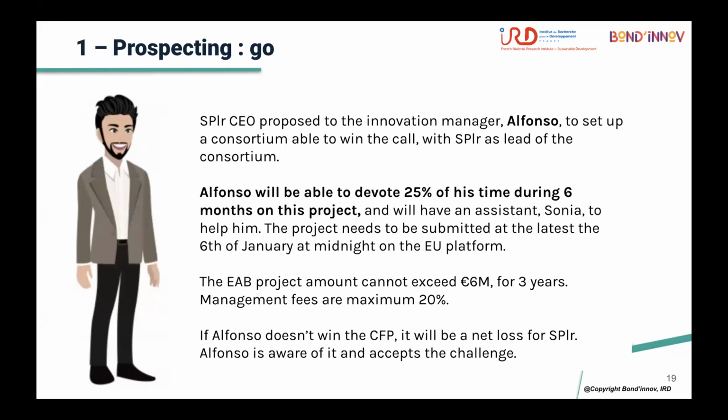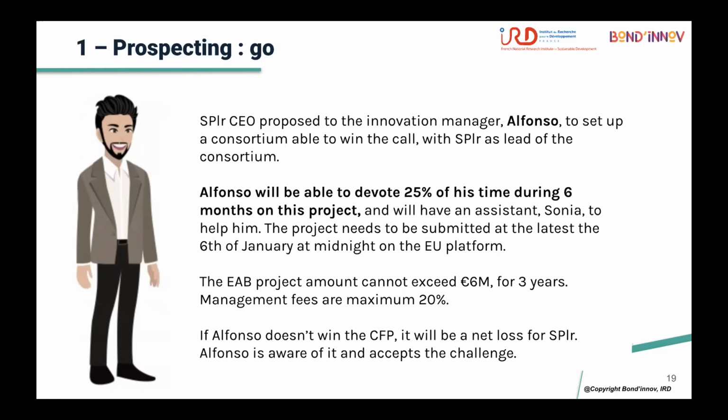But at the very beginning, as I said, it is important for the partners to know that the lead member will have at least 20% of the budget for the management of the consortium and of the project.